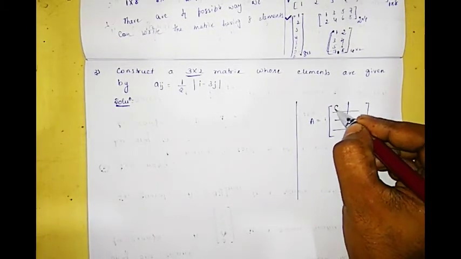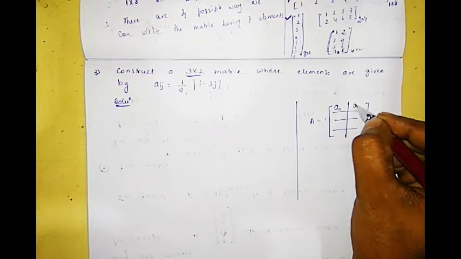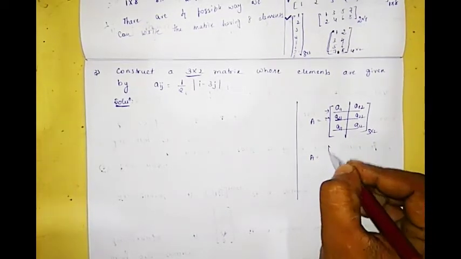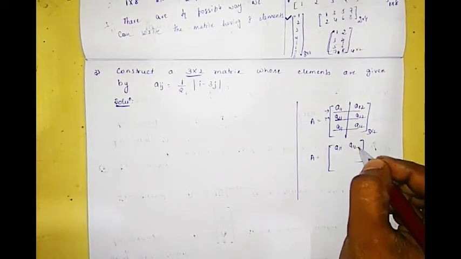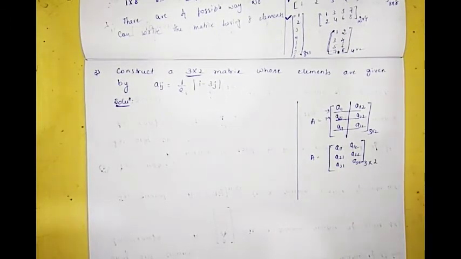In general notation, it is A11 first row first column, A12 first row second column, A21 second row first column, A22 second row second column, A31, A32. This is a 3 by 2 matrix.